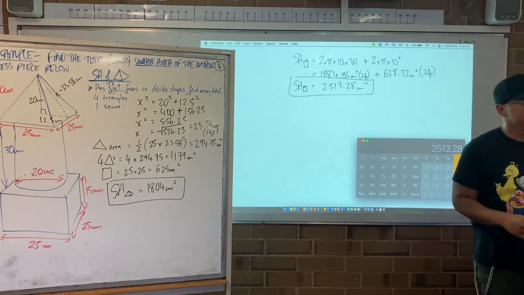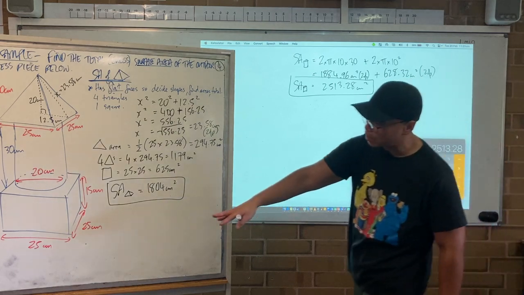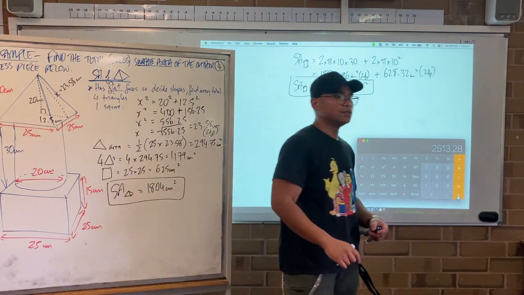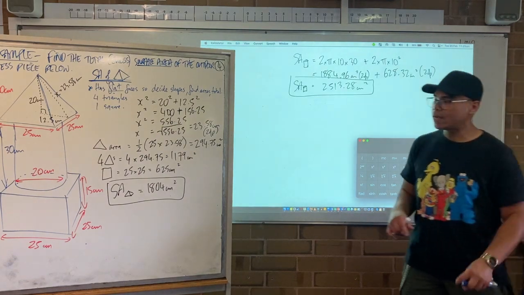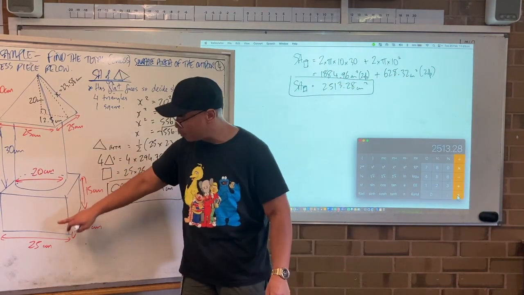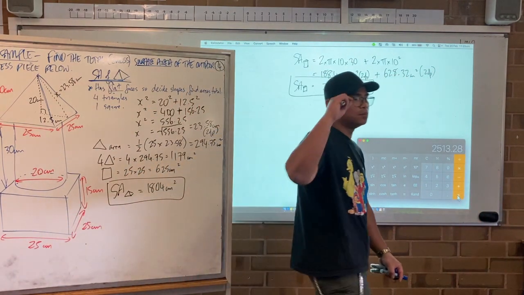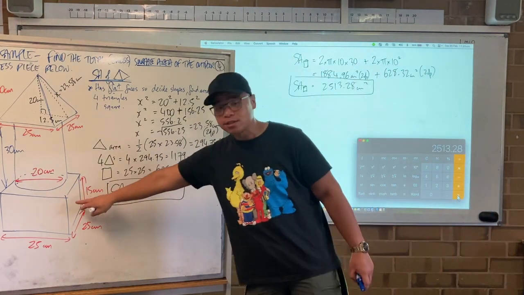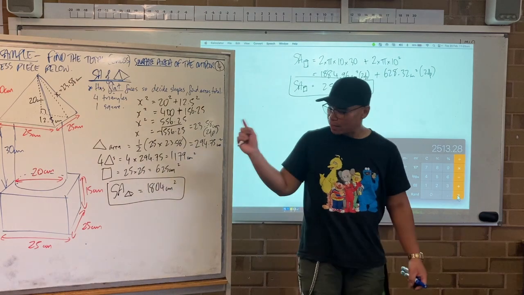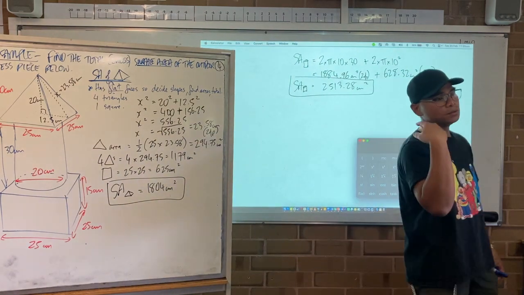That last one's kind of easy. Does this rectangular prism have curved surfaces to it? No. What could I say about the top and the bottom? What kind of shape are the top and the bottom of the rectangular prism? Squares. What about the sides? Are they the same all the way around, those rectangles?